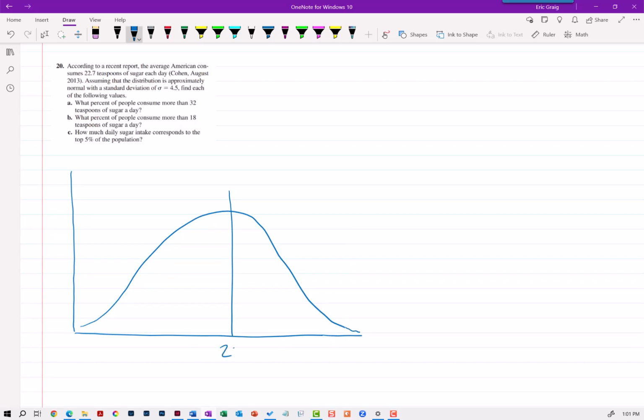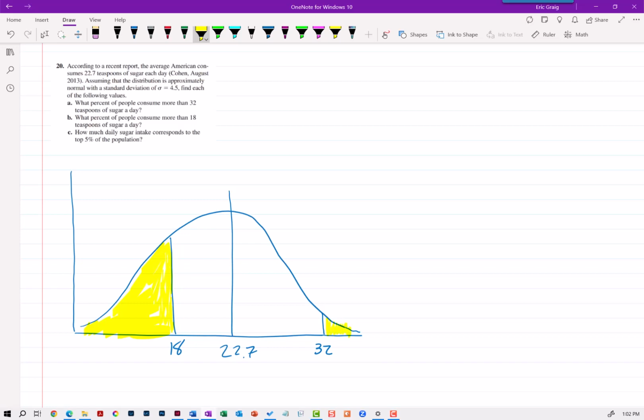So again, 22.7, and we're interested in the quantities in the two tails of the distribution. So we want to know what's the probability that you are either in this group here on the left, the less than 18 teaspoons group, or the greater than 32 teaspoons group.